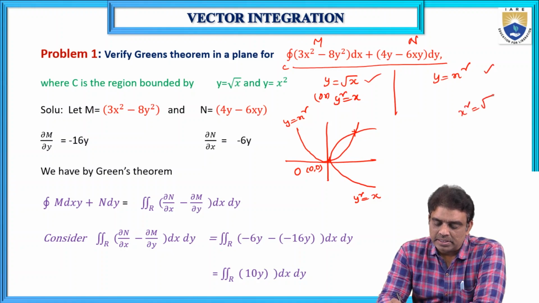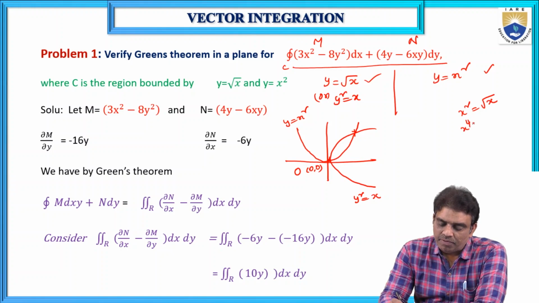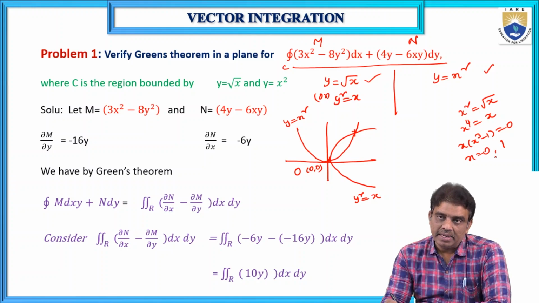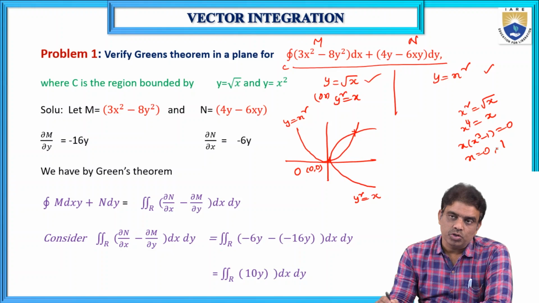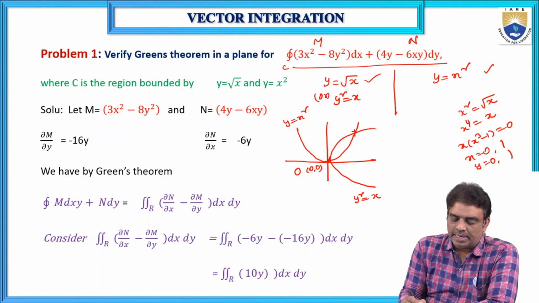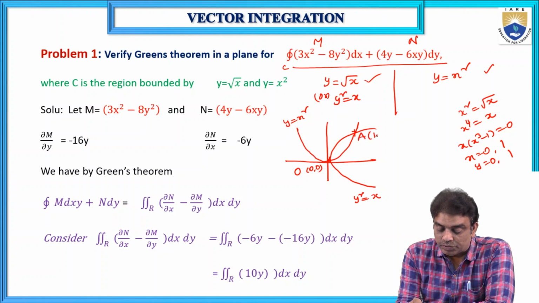From the two equations, x square is equal to root x, or x power 4 is equal to x, or x into x cube minus 1 is 0. So x is 0 is one value and 1 is the other value. The remaining values are complex numbers, those we can neglect. Then y is 0 and y is equal to 1. So the intersection points are 0, 0 and 1, 1.